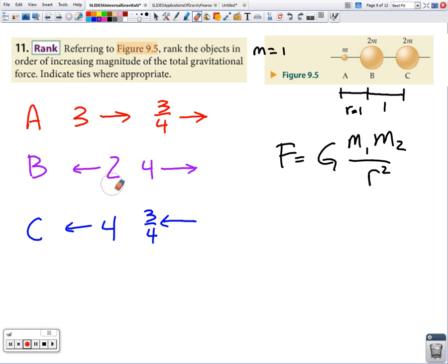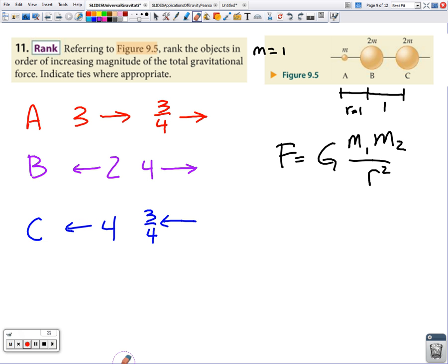The answer is not going to be different because I screwed it up the same way the whole time, but no, that was right. Okay. Those are the two forces, one from A, one from C. Everyone see where I got that from? Yes, no, maybe.